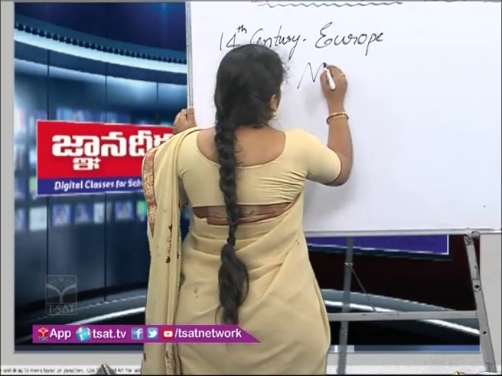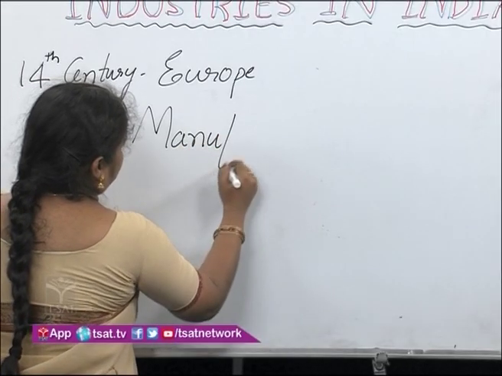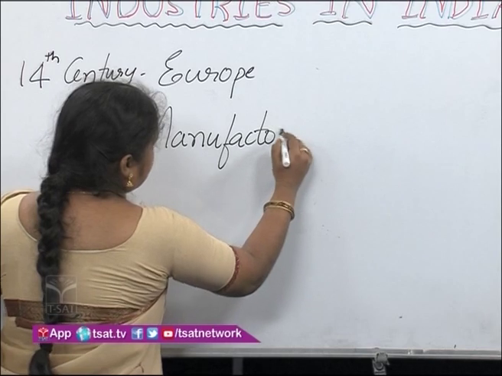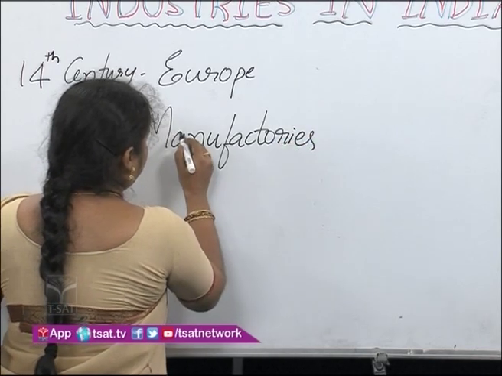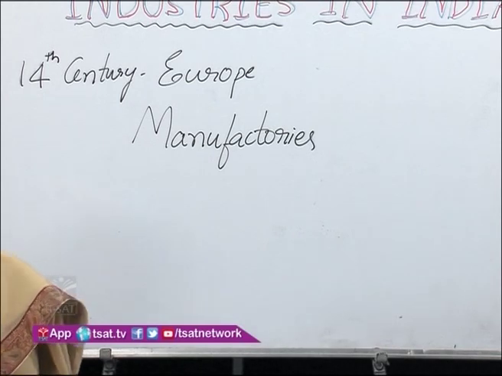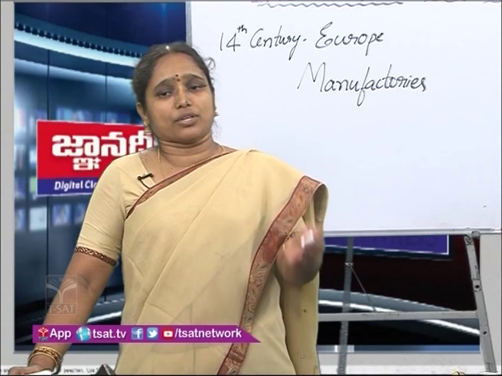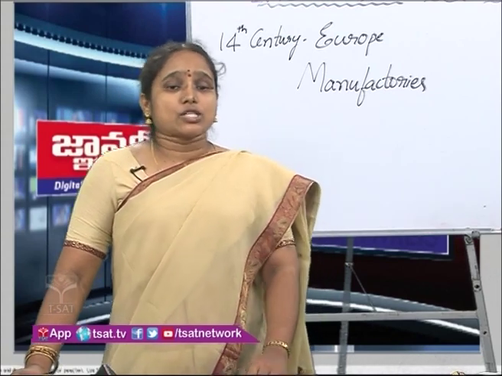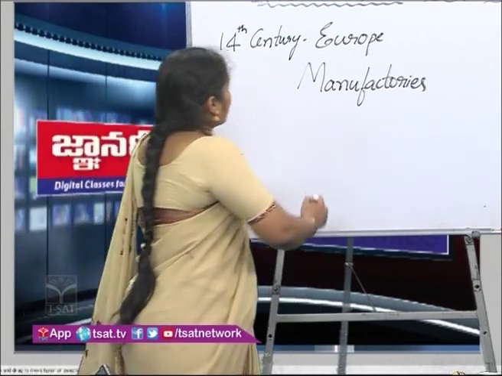The earlier factories were called manufactories. The places where all the people doing different tasks come together and work together, discussing with each other about each other's requirements.